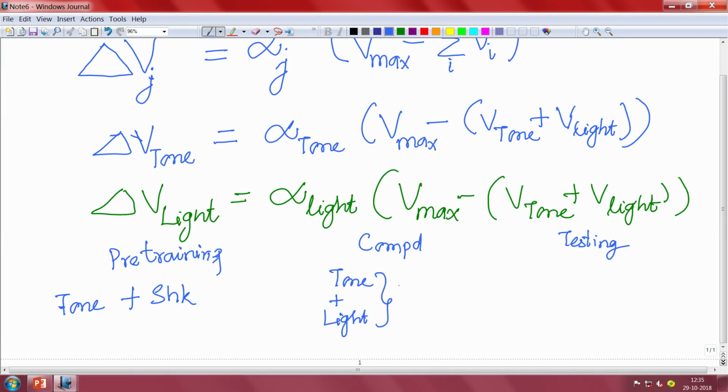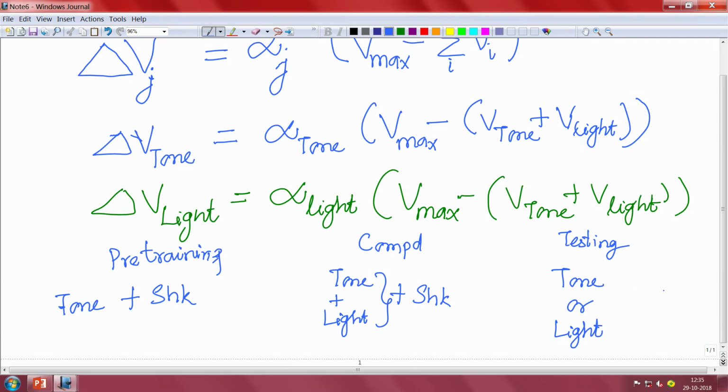Both of them are paired with shock, and during the testing he either presents the tone or the light and asks how much is the learning or what is the response.